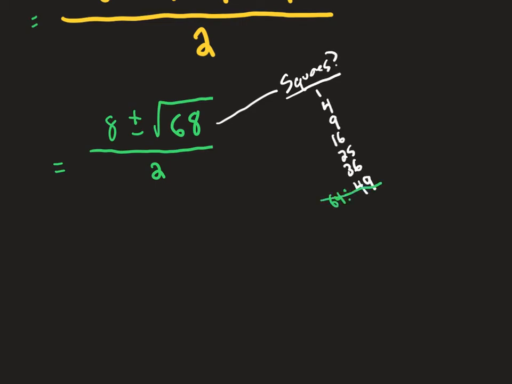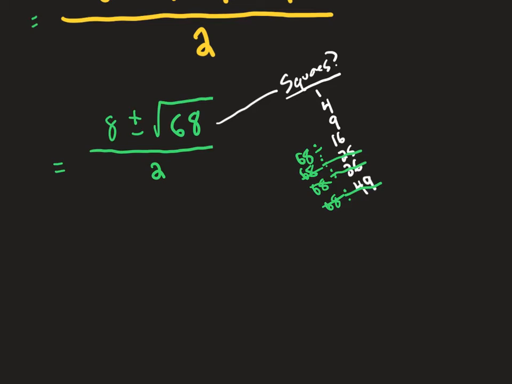It doesn't go into 49. 68 divided by 36 does not come out nicely. 68 divided by 25. You can do all these with the calculator. 68 divided by 16.